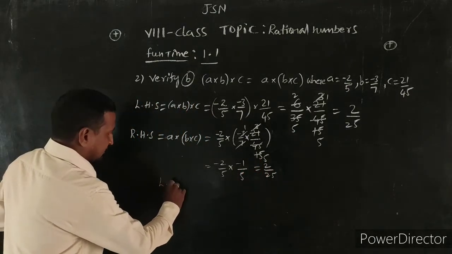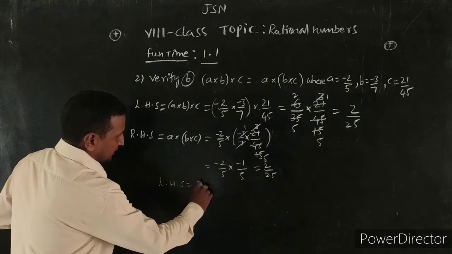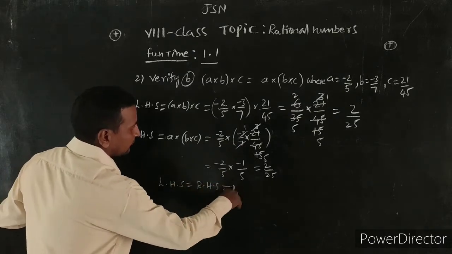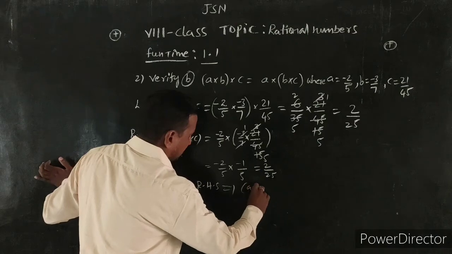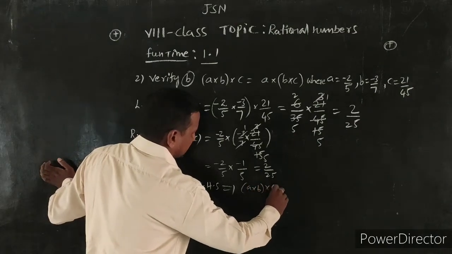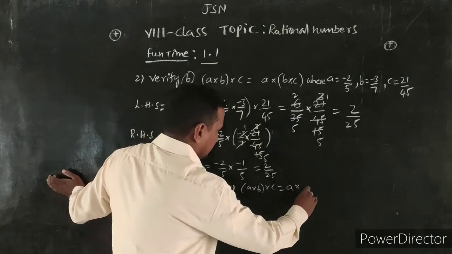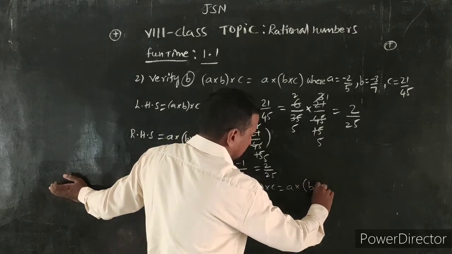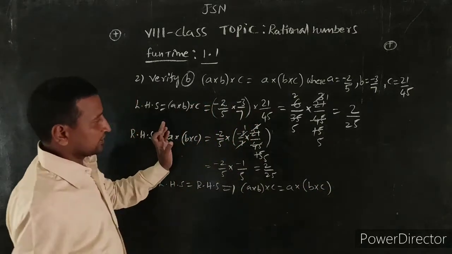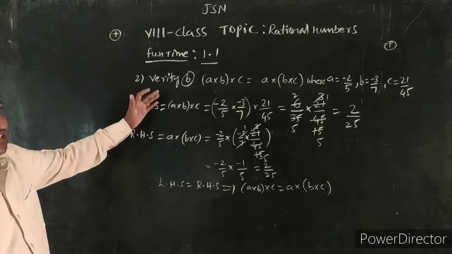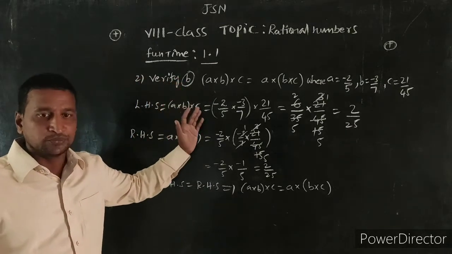So LHS equals RHS. So bracket of A into B into C equals A into bracket of B into C. So the product of three rational numbers is associative.